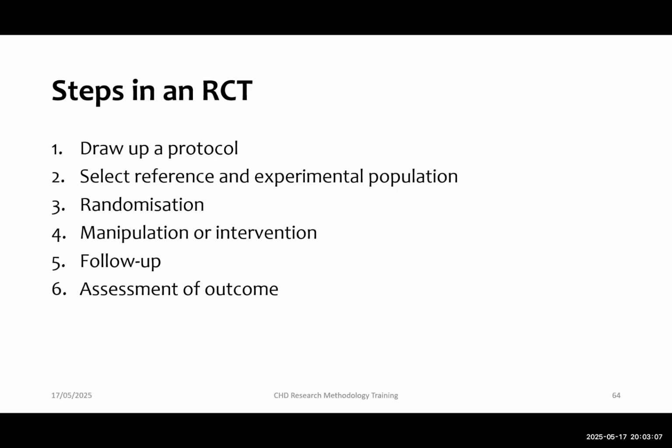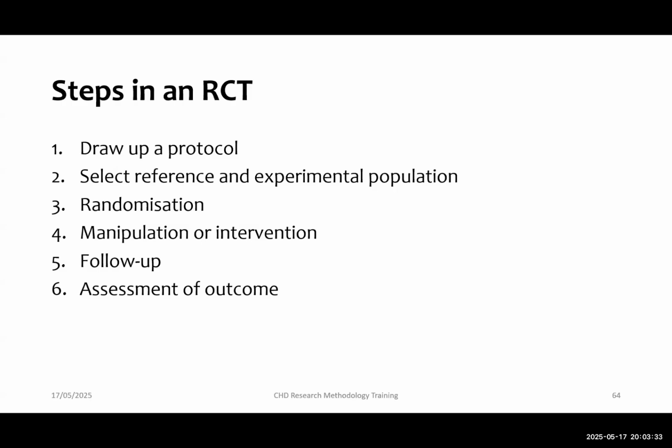You have to decide how; you must use randomization to allocate people into each group. You can use simple randomization, but in randomization, it just means that there's an equal chance of an individual or subject being allocated to either the intervention group or the control group.